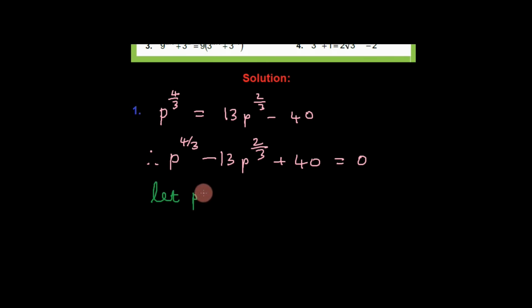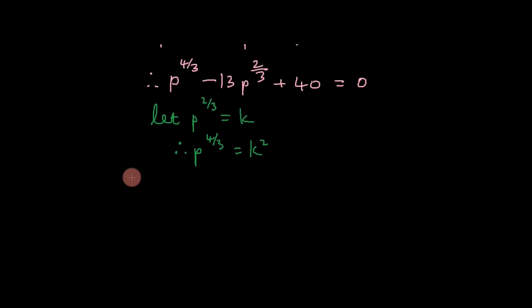We let p to the 2/3 equal k, and hence p to the 4 over 3 will equal k squared. So we substitute the k's into the equation. So we have k squared minus 13k plus 40 equals 0.